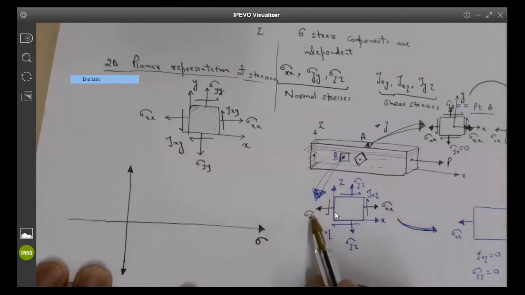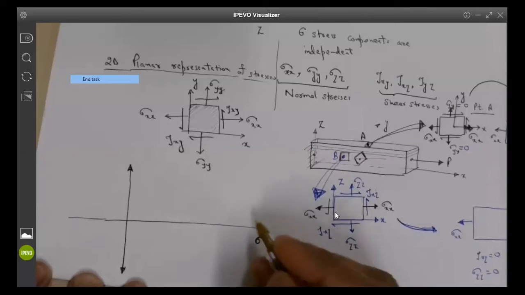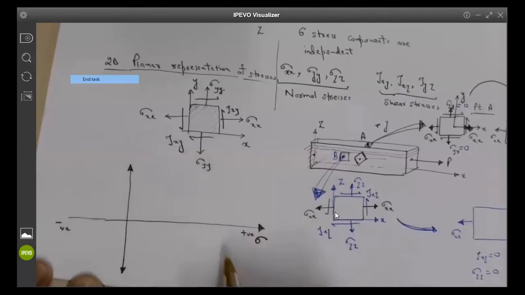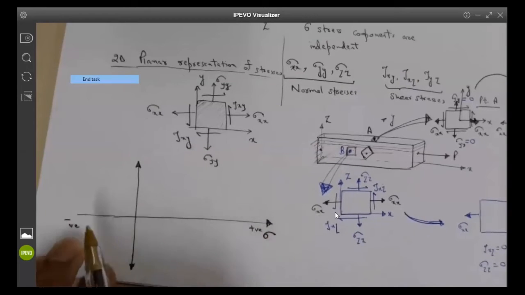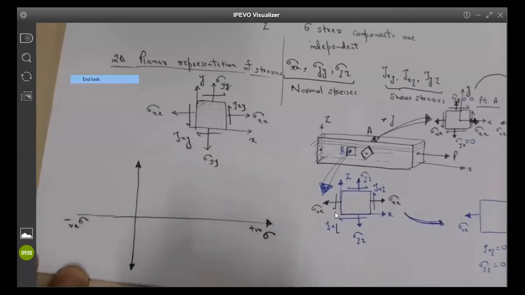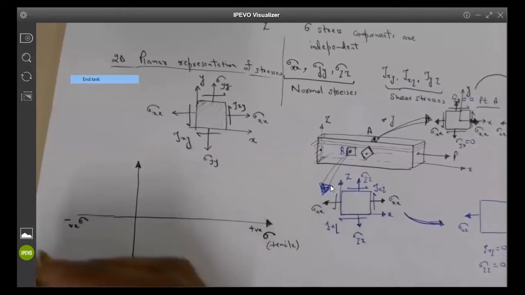So all the stress components which are normal, like sigma xx or sigma zz, will be marked on this horizontal axis. Positive here and negative here. We all know positive stress means tensile stress, and negative sigma means compressive stress. Everybody is agreeing with that part?